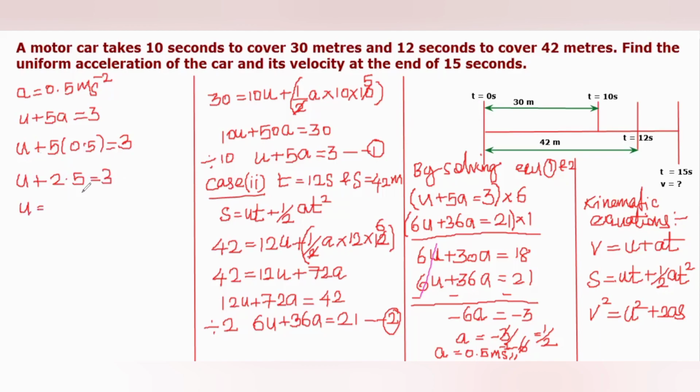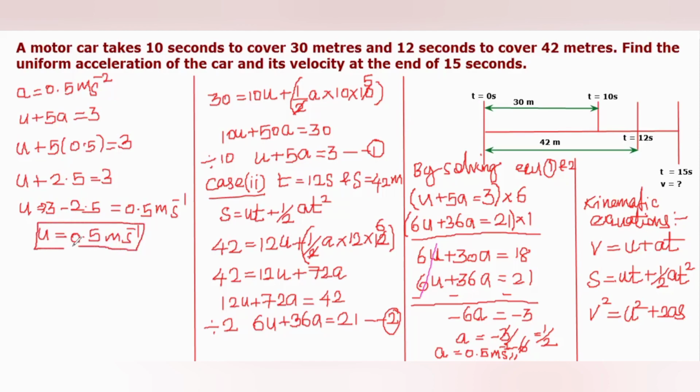So u equal to 3 minus 2.5, so we will get u equal to 0.5 meter second power minus 1.